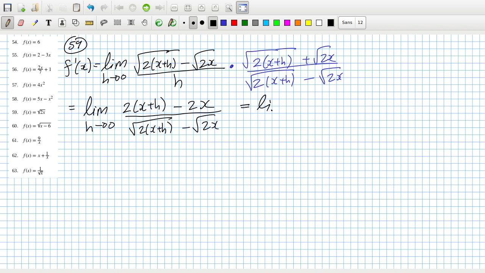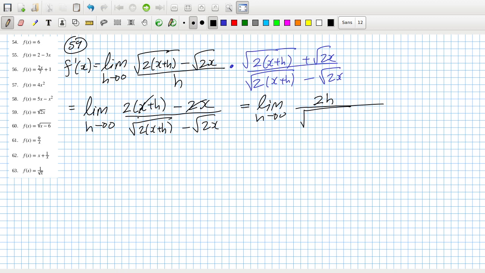So that's the limit as h goes to 0. The 2x's cancel. So you're just left with an h on the top, which I don't like, over root, oh, you know what?